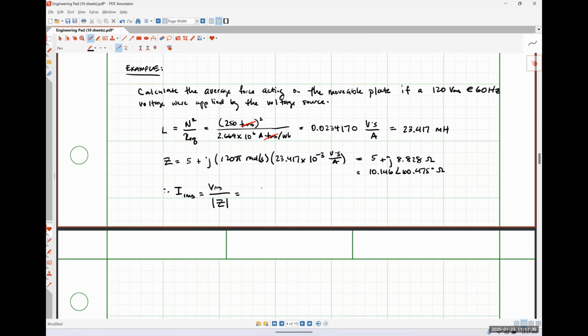So this is going to be 120 volts RMS divided by 10.146 ohms, and I wind up getting 11.827 amps RMS. So that is the amount of current that is flowing.